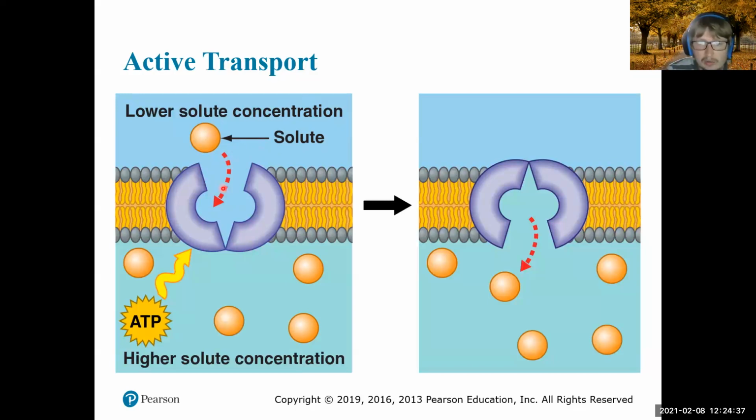So this solute will attach to this protein in its binding location, and then ATP will use energy from that third phosphate. That phosphate will attach to that protein and cause it to change shape. The energy will lead to that shape change, and then that molecule will be released to the inside of the cell. And again, that's moving that molecule from low to high molecule concentrations.